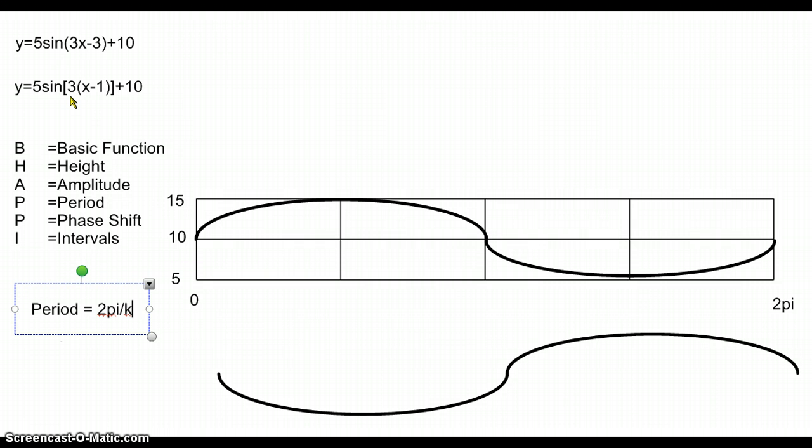Follow the cursor, please. In this case, when we looked at the first function given, the K value was not factored, and as a result we had to factor it before we could use it, because that will definitely have an impact on the phase shift. Many students get tricked into thinking that the phase shift is 3 units to the right, whereas here it's obviously 1 unit to the right.